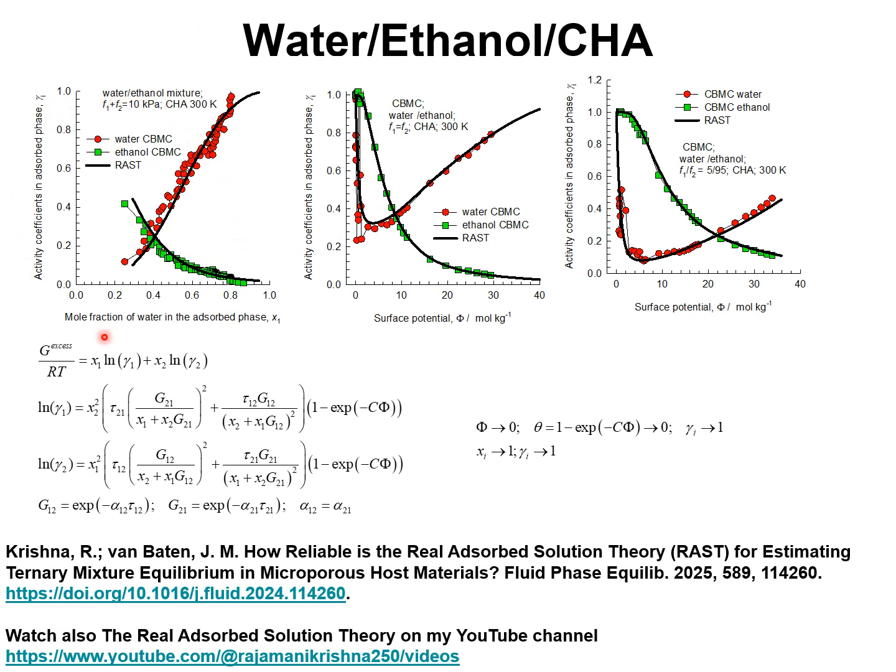This is the data for a mixture in which the total fugacity of components 1 and 2 in the bulk fluid phase mixture is 10 kilopascal, and the mole fraction of water in the bulk fluid mixture is varied from 0 to unity.